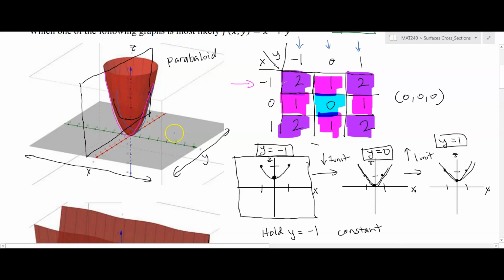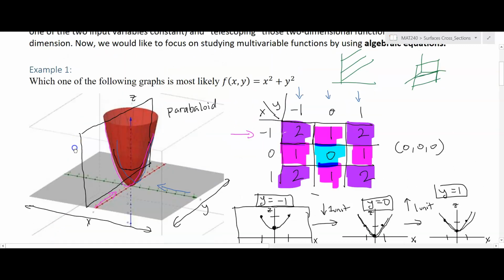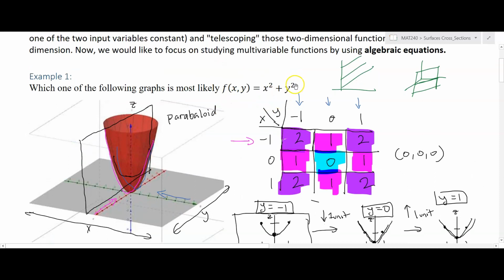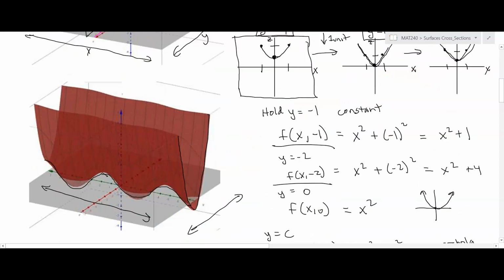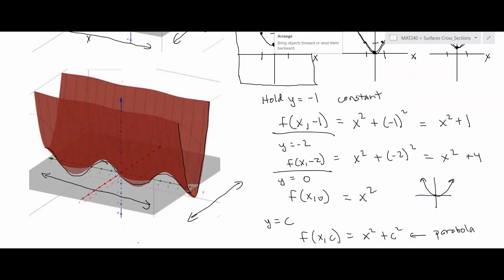Except that blue parabola is what we would see when we look that way, and this pink parabola is the parabola that we would see when looking this way. So we've justified in a number of ways that this surface corresponds to the graph x squared plus y squared. It's a parabola in both the x and the y directions.